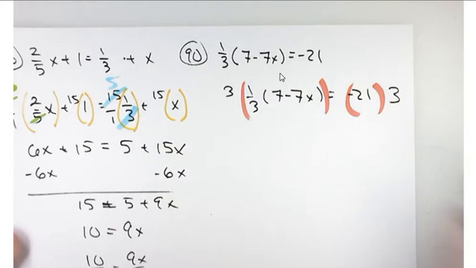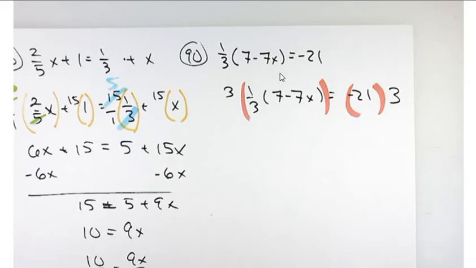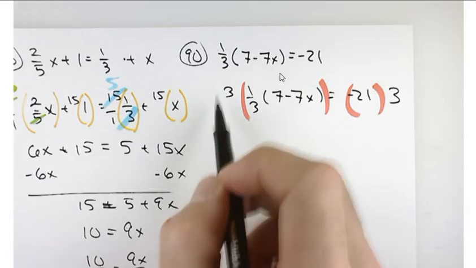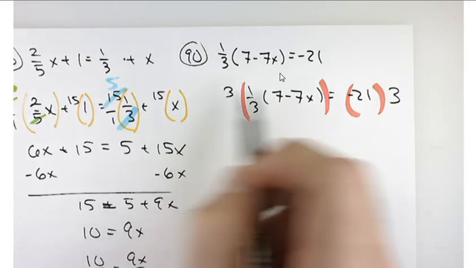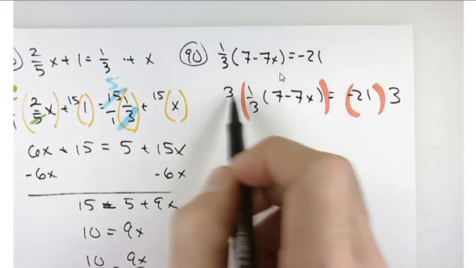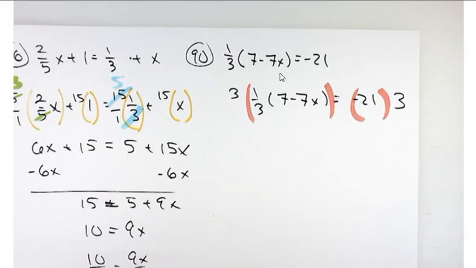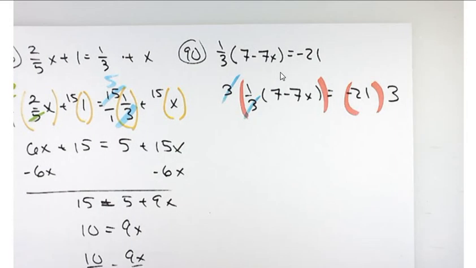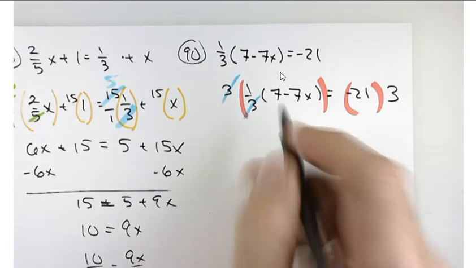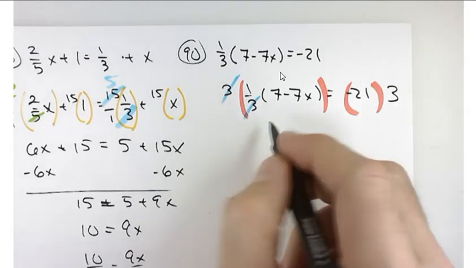Now on the left-hand side, there's really nothing to distribute. I don't distribute it when I'm multiplying. I don't distribute this times this and then this times this. I just multiply once. The 3's cancel. I'm left with 7 minus 7x equals negative 63.